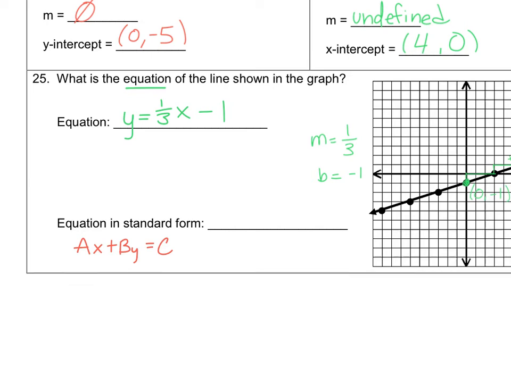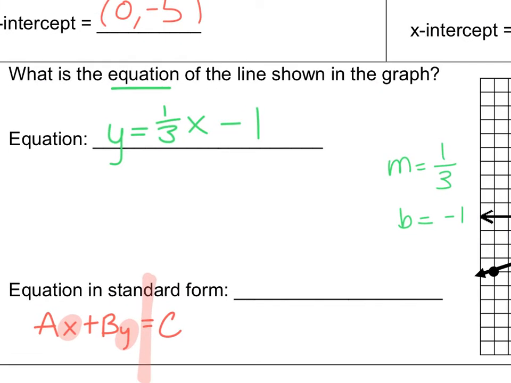So the main thing to see is the fact that x and y are on the same side of that equation bar, whereas right now I've got x and y on the opposite sides. So I want to move x over to the opposite side. When I'm moving, it's adding and subtracting. So I would subtract 1/3 x from both sides.